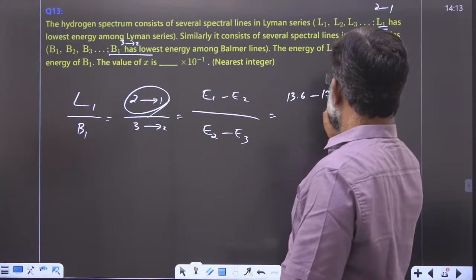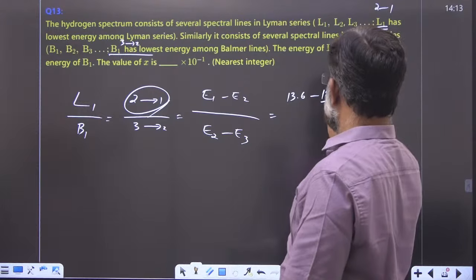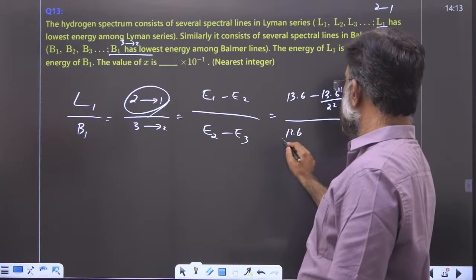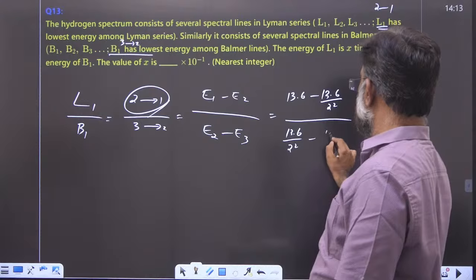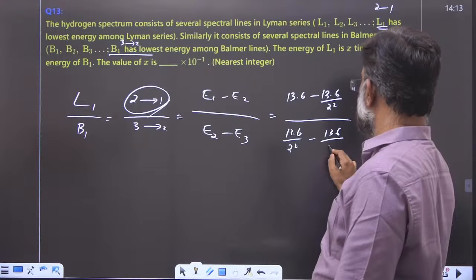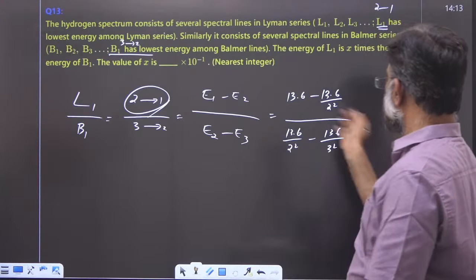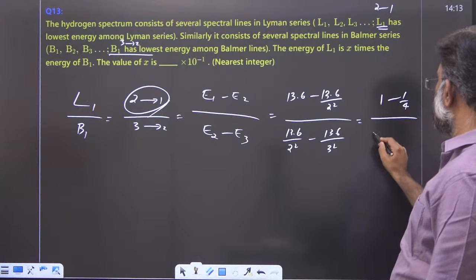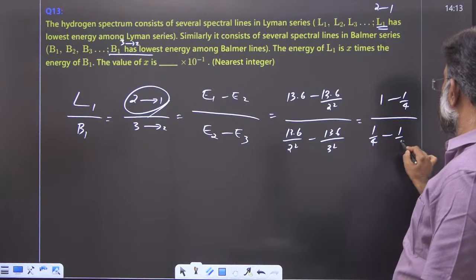13.6 divided by 2 square. Here, 13.6 by 2 square minus 13.6 by 3 square. All the 13.6 will cancel. 1 minus 1 by 4, and 1 by 4 minus 1 by 9.